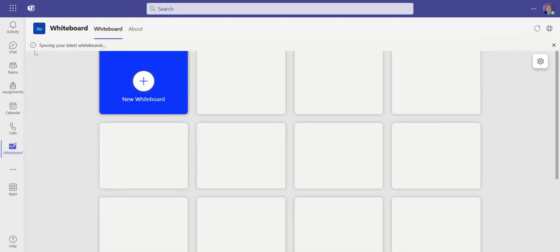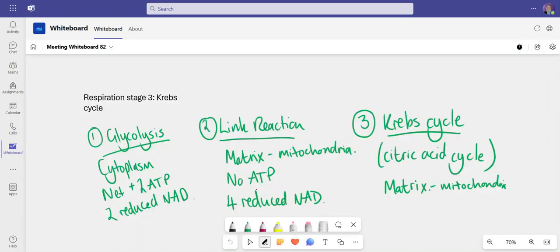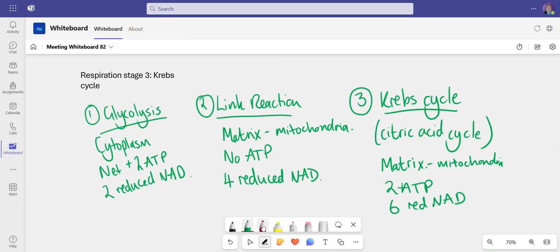Let's change colour. So in terms of ATPs, it makes 1 ATP per cycle, but we're doing the cycle twice, so it's 2 ATP. It makes 3 reduced NADs per cycle, but we're doing it twice, so it's going to be 6 reduced NAD. And it makes 1 reduced FAD per cycle, but we're doing it twice, so it's going to make 2 reduced FAD.